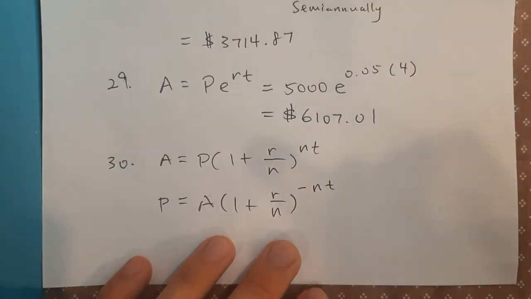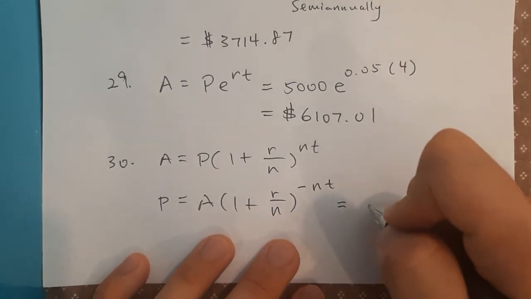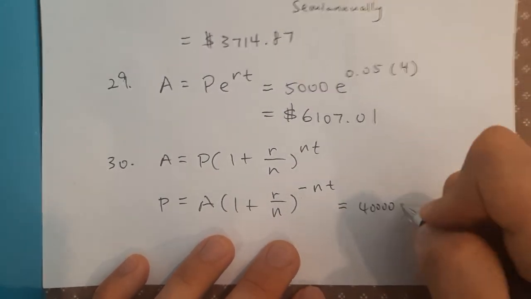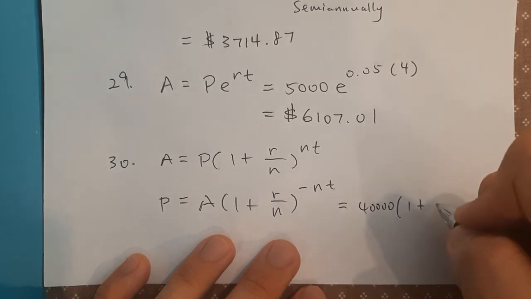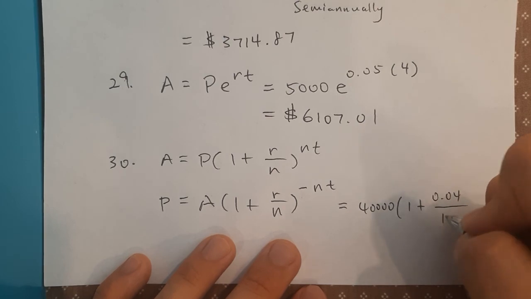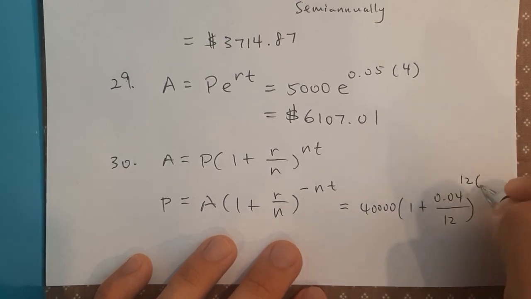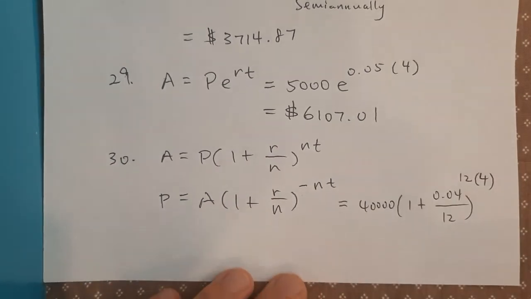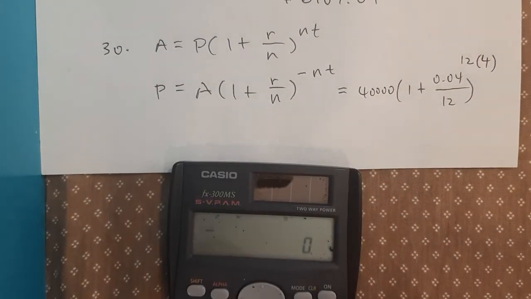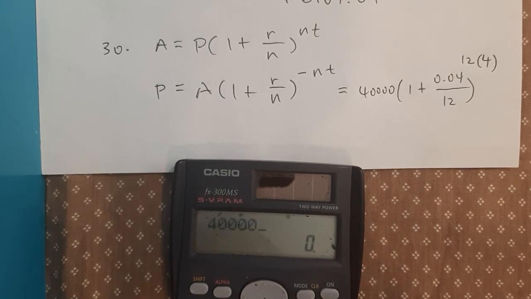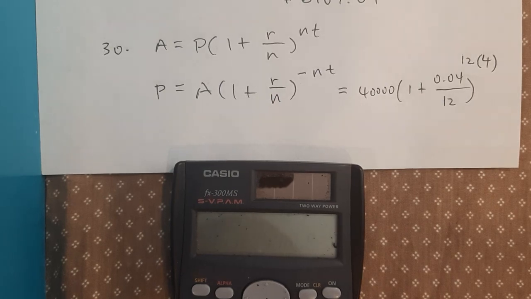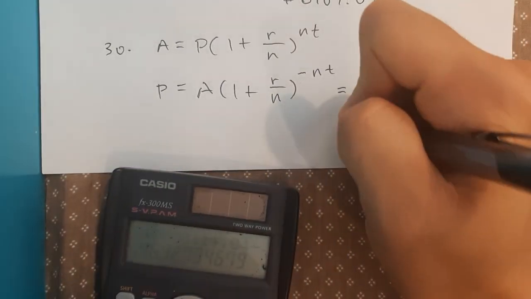So here we have 40,000, 1 plus r, 0.04. Here it's compounded monthly, so n is 12. And it's 4 years. So you simplify it, and then we get the value.